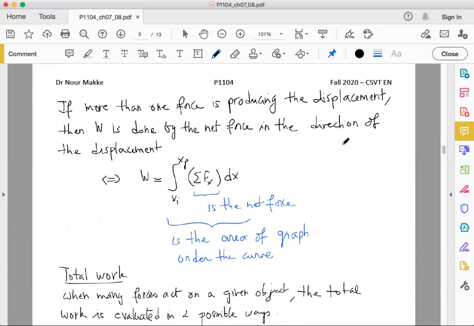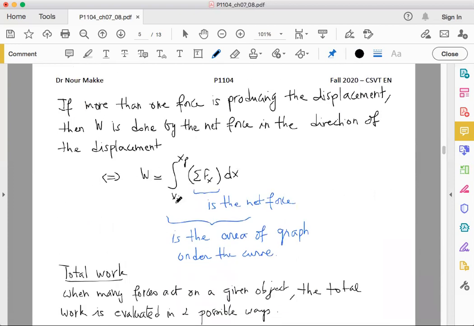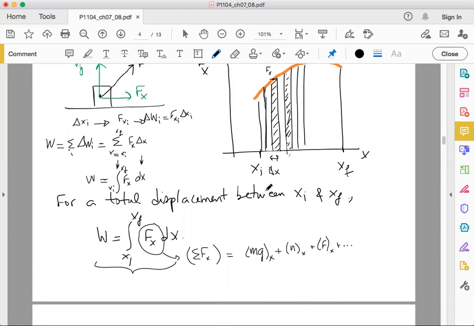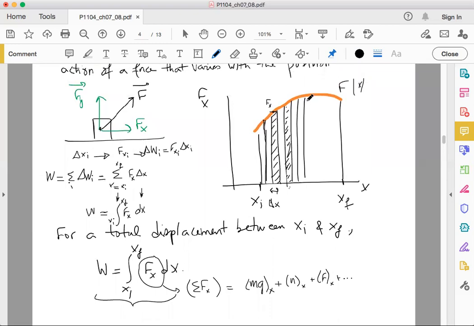Okay, so in this case W would be the integral from x initial to x final of sum Fx dx, where sum Fx is the net force acting, and this integral is nothing else than the area under the curve of the graph. So if you consider this integral for one force, for example in this case, this integral is the area of this whole surface under the graph, because this is what you are summing when you do the integration.